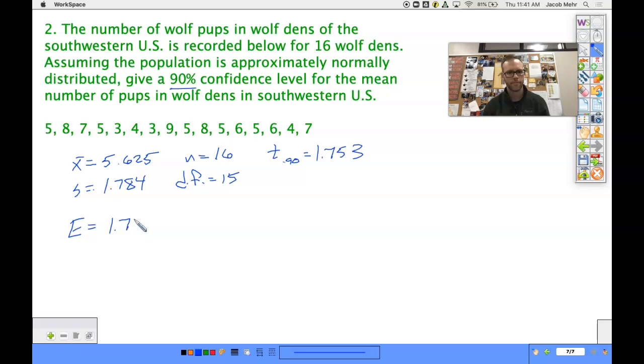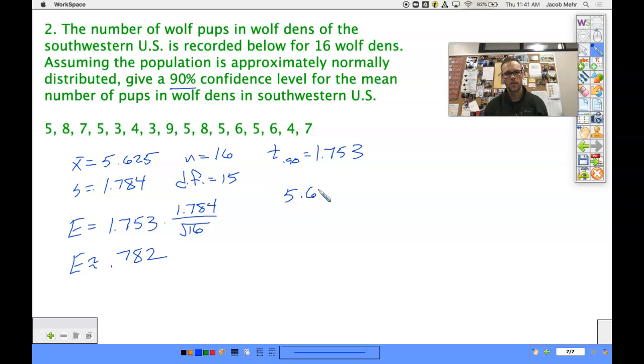T-score times standard deviation over the square root of n. Okay, I get about 0.782.